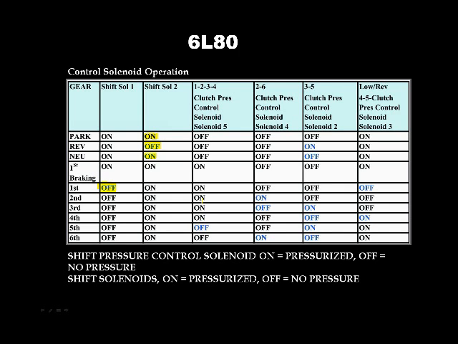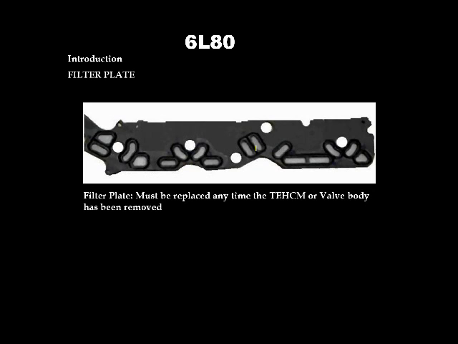As an example, this 1-2, 3-4 solenoid is in the on position anytime you're in first through fourth gear. If I move into fifth gear, it moves into the off position. So as you can see on your chart, we're simply turning these solenoids on and off, but the solenoids on the right-hand side of the chart are on-off solenoids, where shift solenoid number 1 and number 2 are simply on-off solenoids. The other ones are PWM.